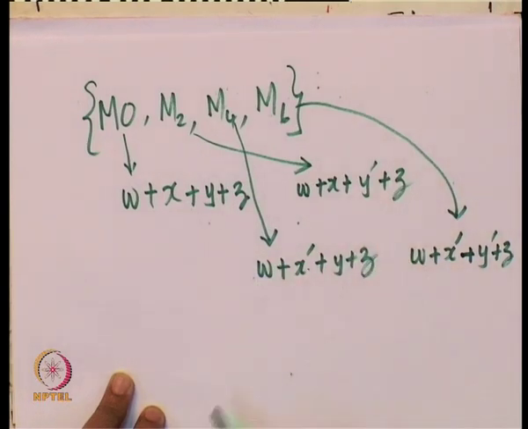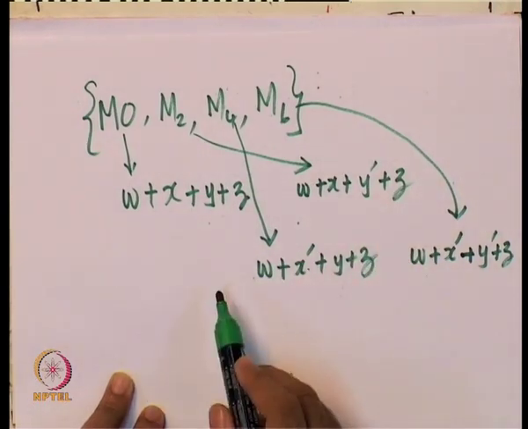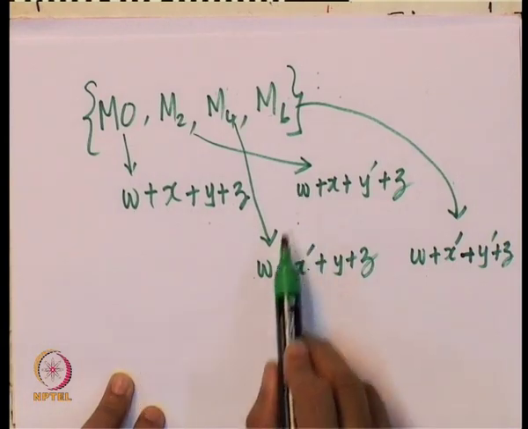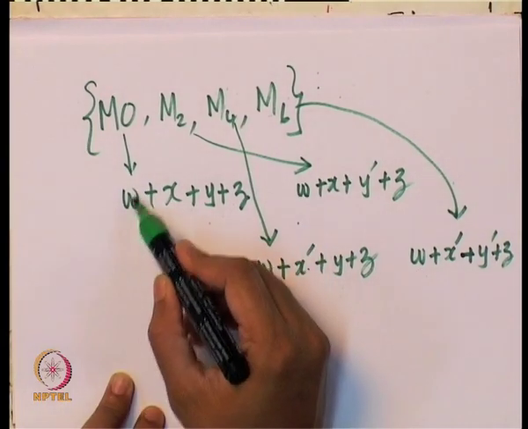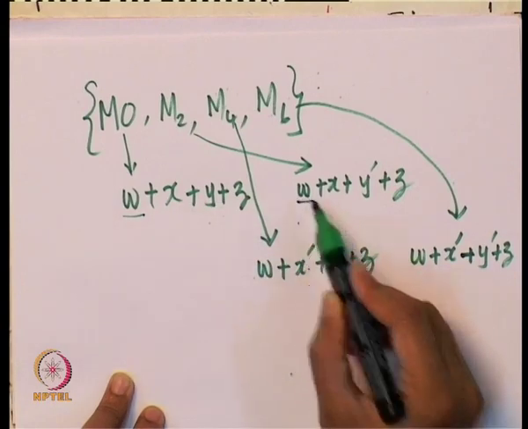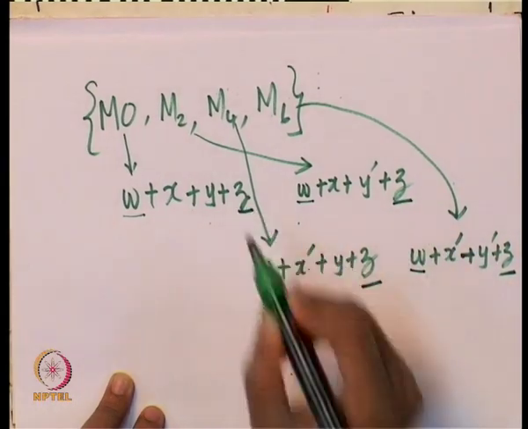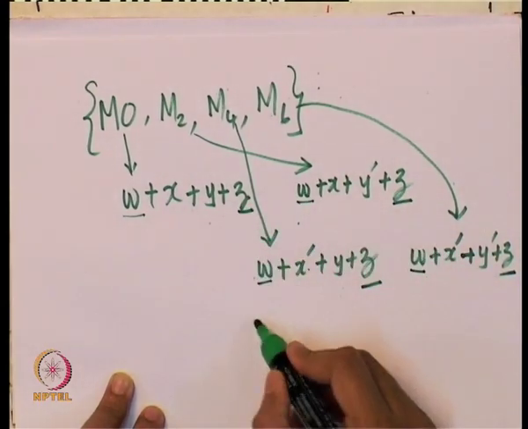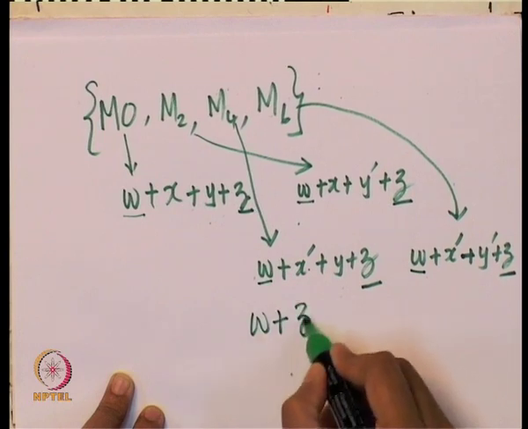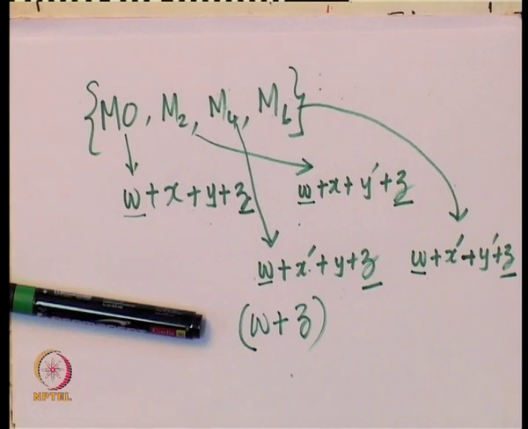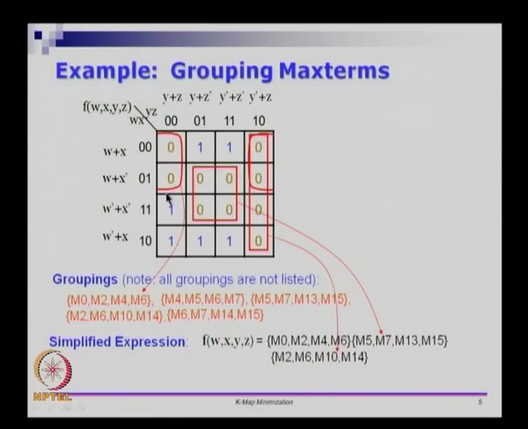If you look at these 4 terms, you can notice that w is appearing in the same form in all the 4, and z is appearing in the same form everywhere. So the combination of these 4 is actually just w plus z. You can infer that by coming back and looking at the table here.